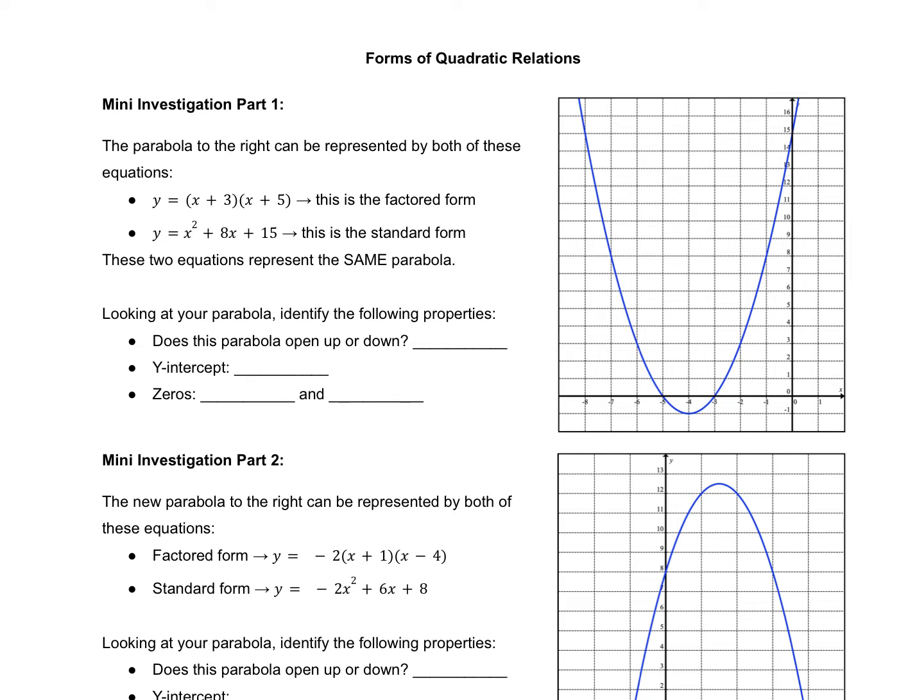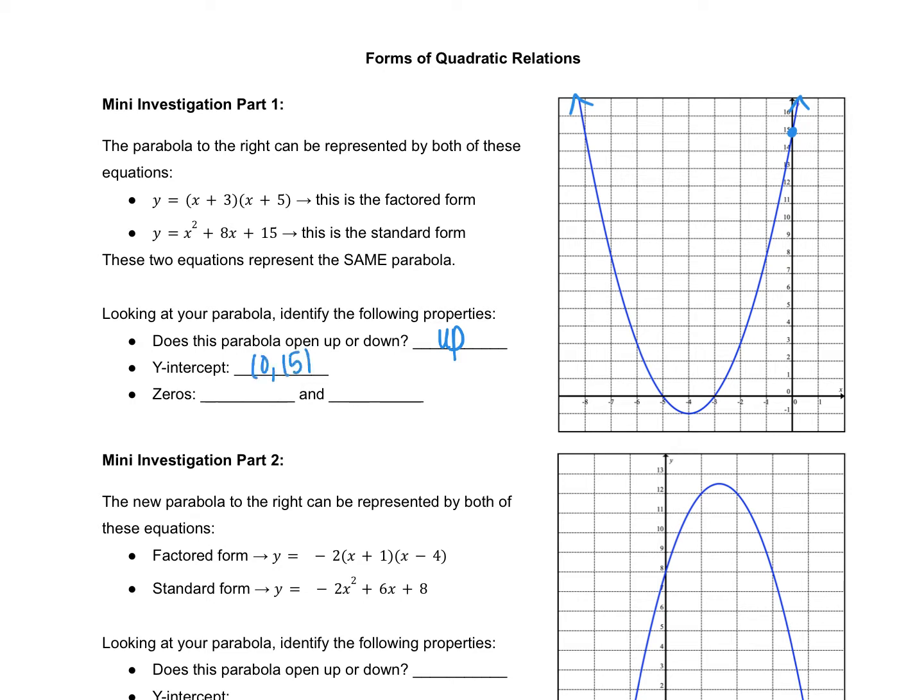Now both of these equations represent this parabola on the right here, and we're going to identify some properties. So this particular parabola does open up, because if I were to put arrows at the ends, they go upwards. The y-intercept, if I look at my y-axis, we're passing through 15, so (0, 15).